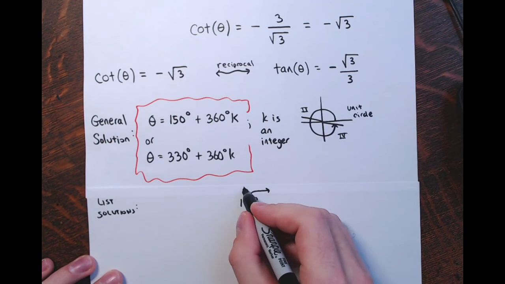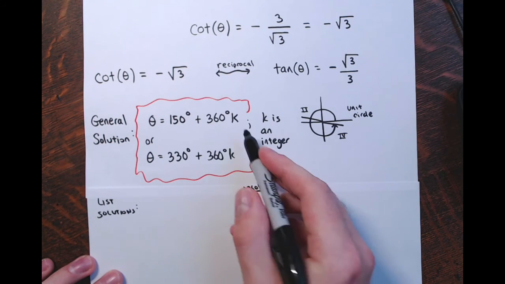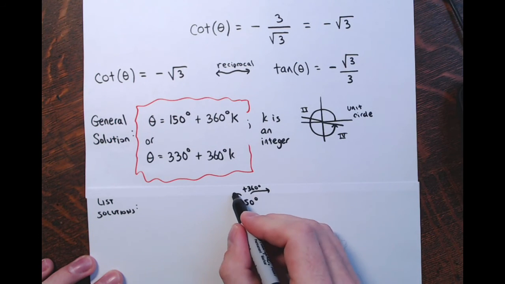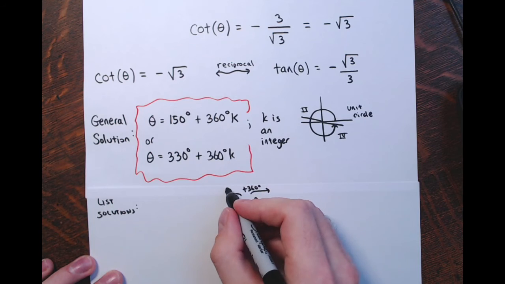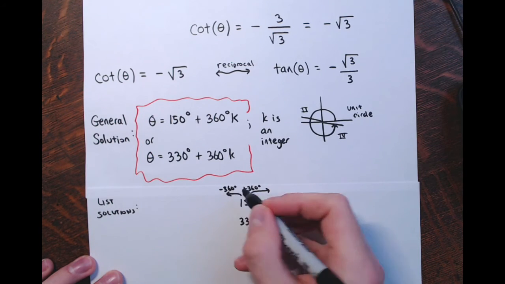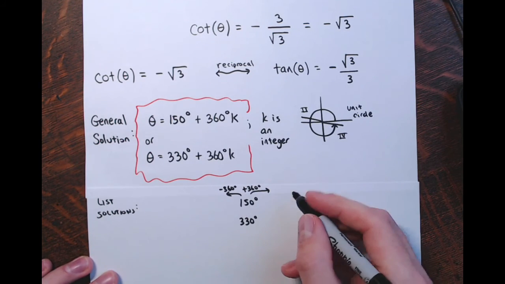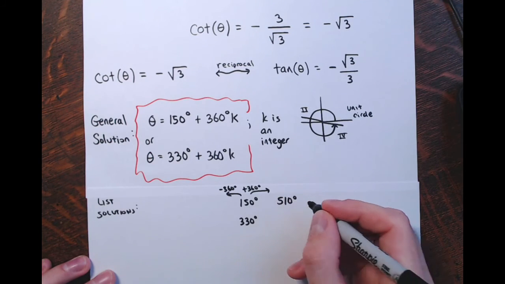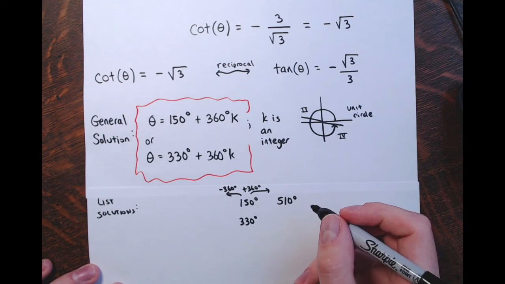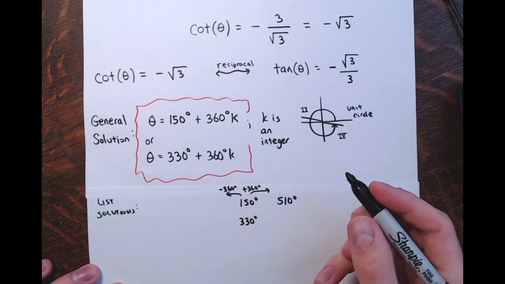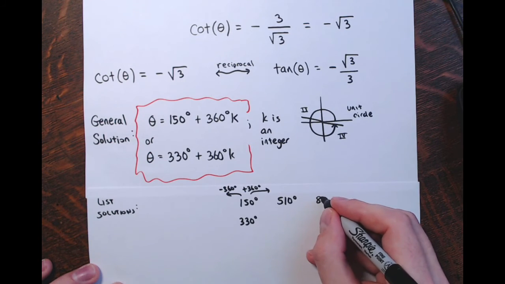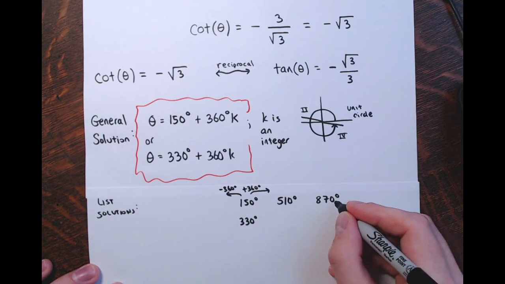Then I'm going to just increase the value of k going this way. So I'm just going to be adding 360. Every time I increase k by 1, it just adds another 360 degrees. And going this way, I'll just decrease k by 1, and then I'll subtract 360. So some other solutions would be 510 degrees. Add 360 again, 870 degrees. There's another solution, and so on.